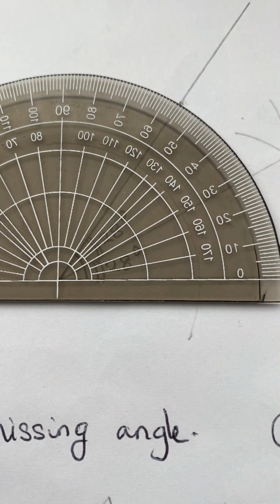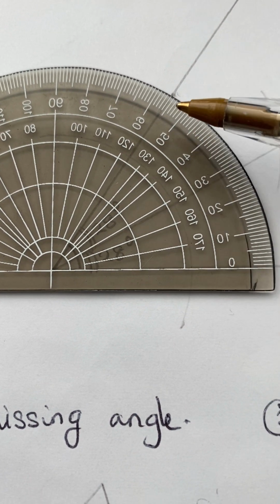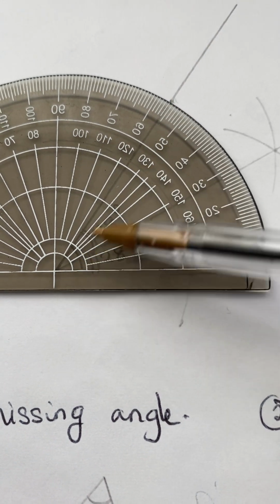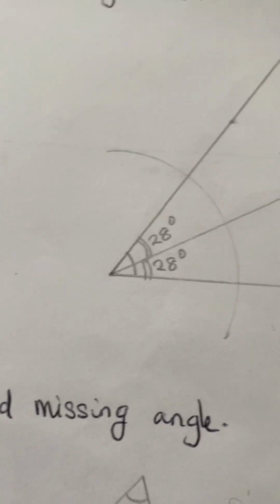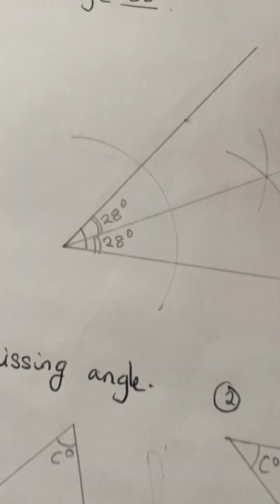So that's 56 degrees here. As you can see, that was my point. So I drew the line. So I have the angle 56 degrees with a protractor.